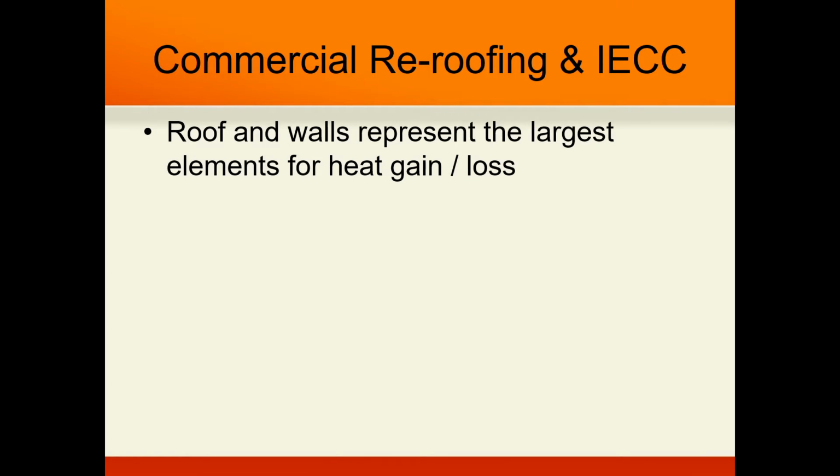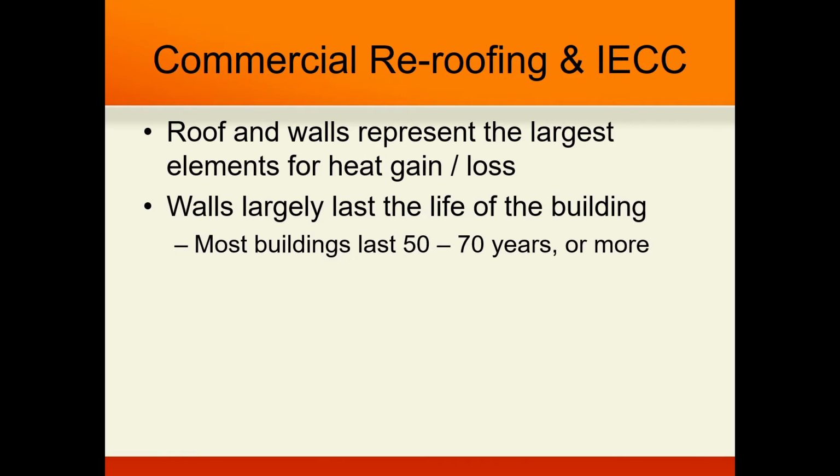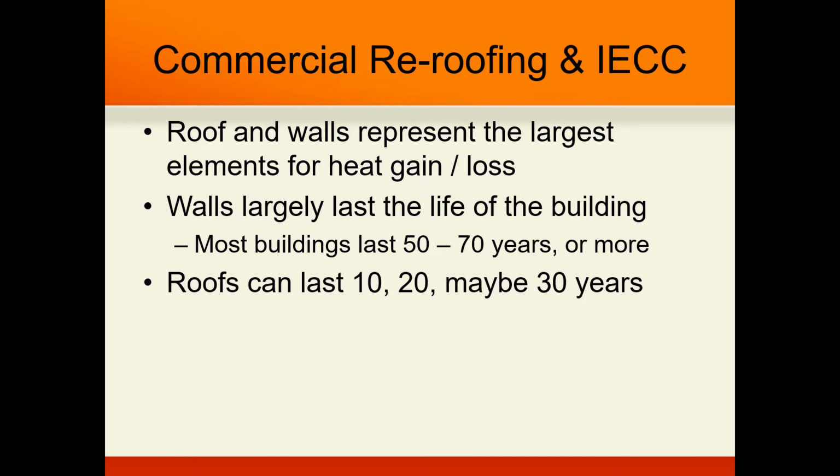Roof and walls represent the largest elements for heat gain or heat loss, depending on what cycle we're in. And that's one of the reasons why it's such a major topic and this video exists. Walls largely last the lifetime of the building. Most buildings last, of course, between 50 and 70 years or more, depending on how they're maintained. Roofs can last 10, 20, maybe 30 years.